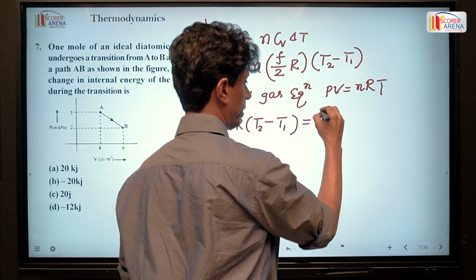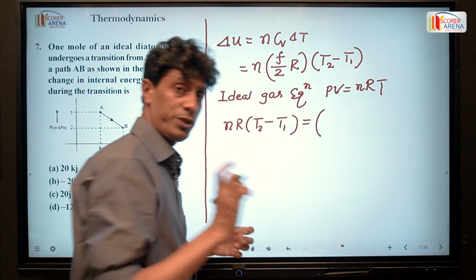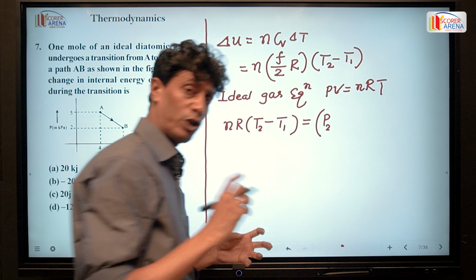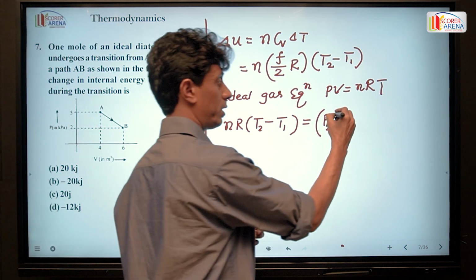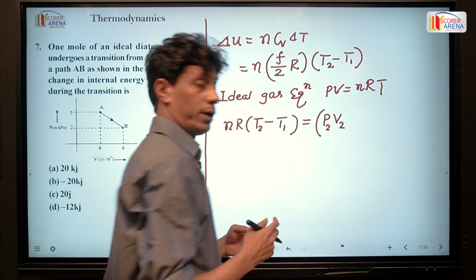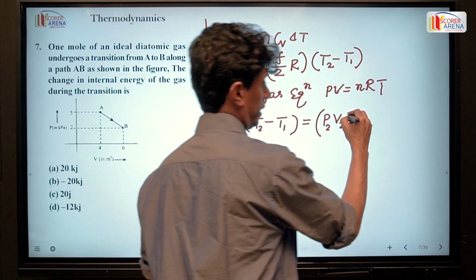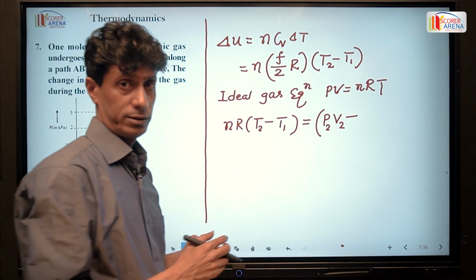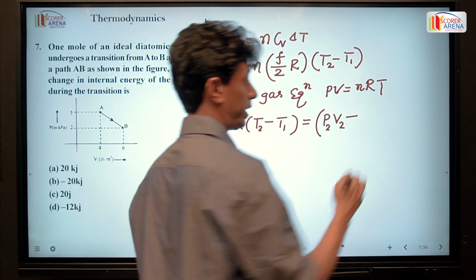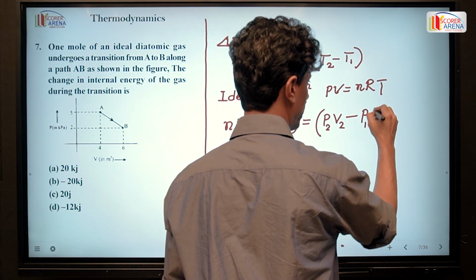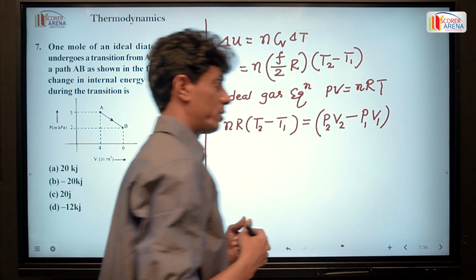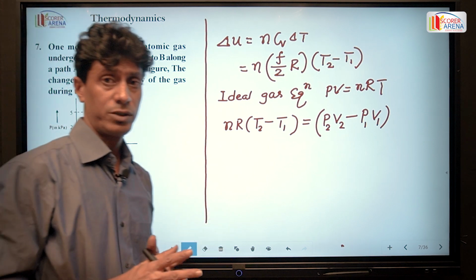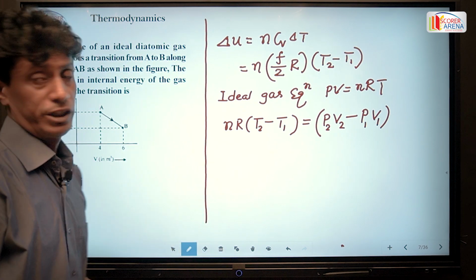Finally, at temperature T2, if we say the pressure of the gas is P2 and the corresponding volume of the gas is V2, and initially at temperature T1, then the corresponding pressure and volume can be written as P1 and V1. So here all 3 variables, pressure, volume, temperature, go on changing.